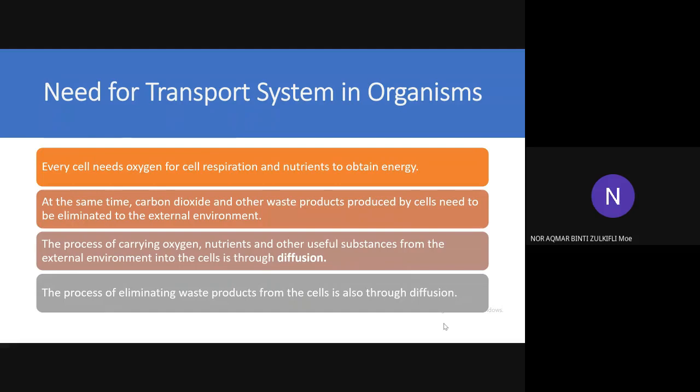The process of carrying oxygen, nutrients, and other useful substances from the external environment into the cells is through diffusion. The process of eliminating waste products from the cells is also through diffusion. So please students, remember the word diffusion is the process of carrying oxygen and also eliminating waste.